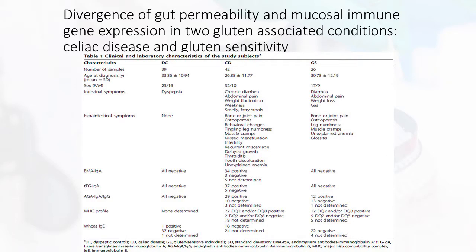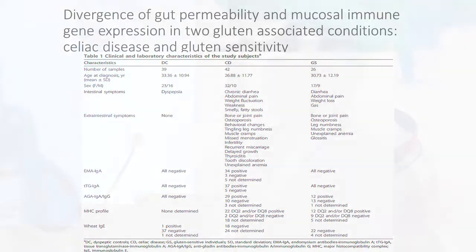In the same body of research, there was an investigation of what kind of different lab findings are associated with celiac disease versus gluten sensitivity, or negative controls or dyspeptic controls. What's interesting is looking at 42 patients with celiac, 26 people with gluten sensitivity, looking at the different symptoms. Gluten sensitivity and celiac kind of look a lot the same.